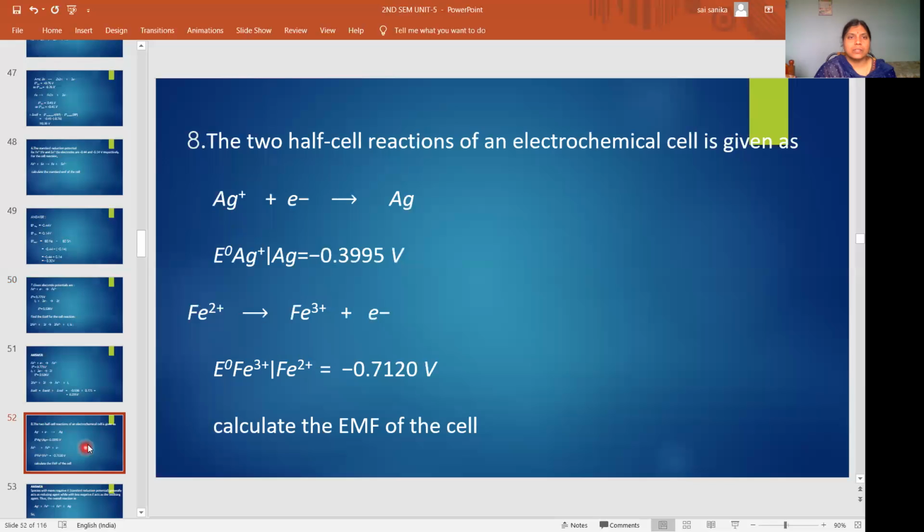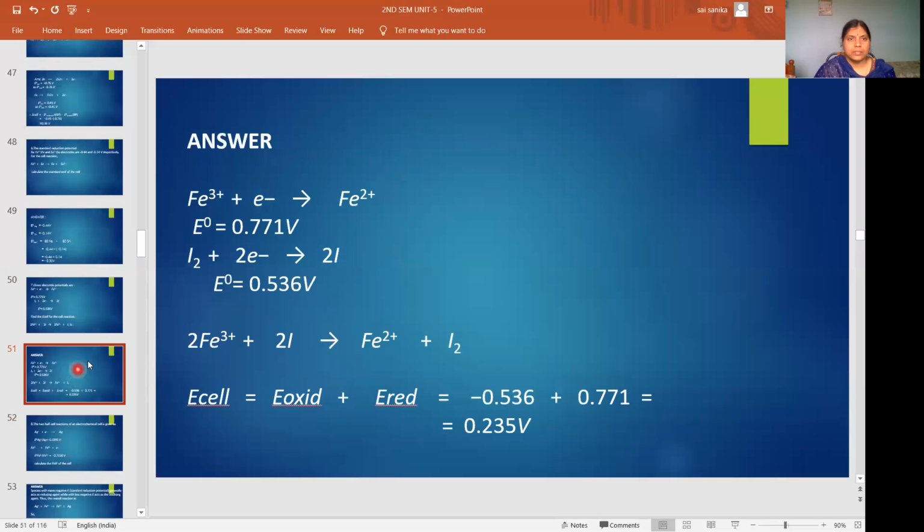Here, this is undergoing reduction, this is the reduction potential. This is also undergoing reduction, and this is its reduction potential. E cell is calculated by the formula E oxidation plus E reduction.